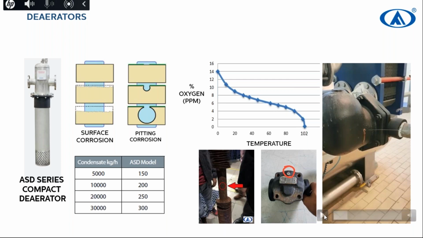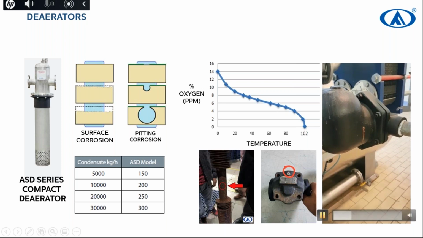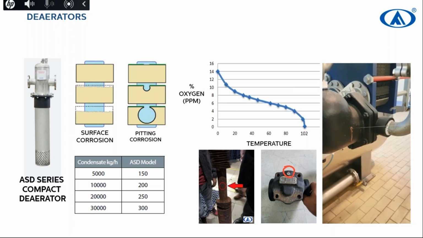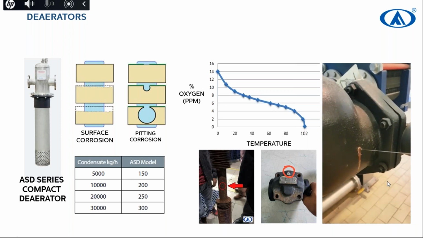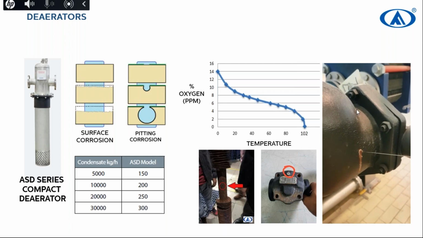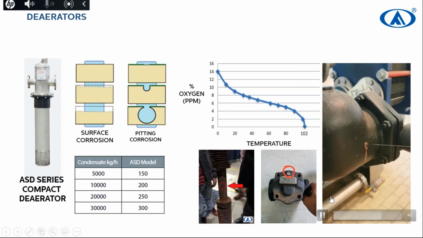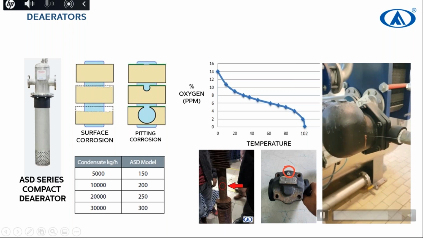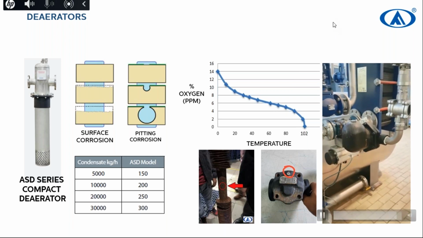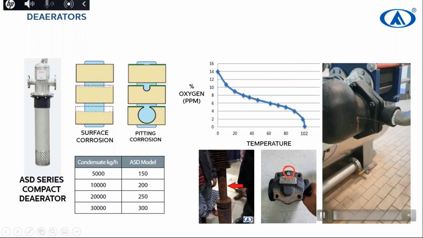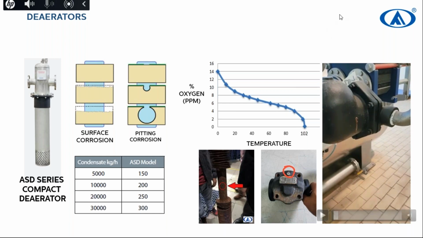I want to make sure that you all see this video. Yes. This is because of the pitting corrosion. If you have a problem seeing this video, just inform me and I will send it to you all.